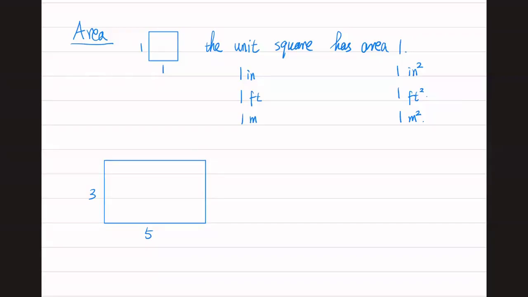Okay. Aaron, what's the area of this rectangle? 15 square units. All right, okay, that's a perfect answer.